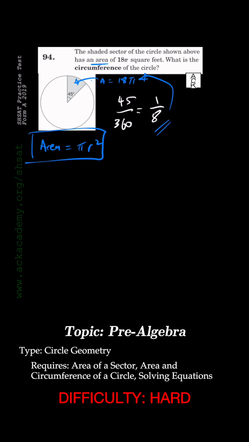So it should look like 1/8 pi r squared is equal to 18 pi.